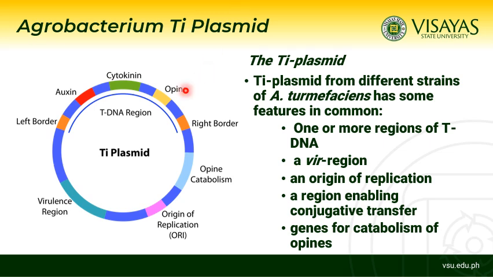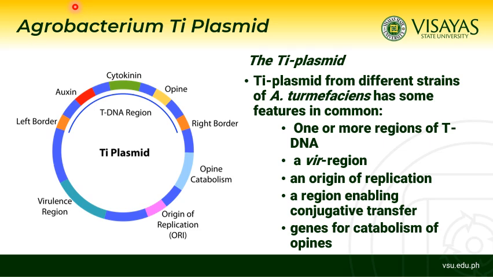Another important part of the plasmid is the origin of replication. It is the sequence of nucleotides where the replication initiates, and this should always be present for autonomous replication of our Ti plasmids inside the host cells. And then we also have a region enabling conjugative transfer, and this has a restriction site for the insertion of the target DNA.